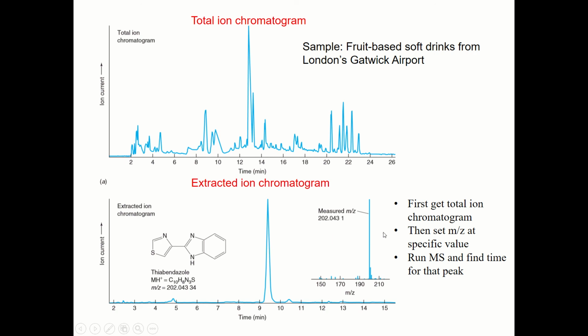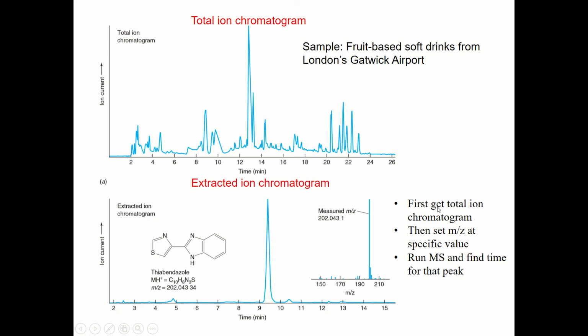Also at the same time you obtain this mass spectrum. That way you can extract individual ions, and you get this mass spectrum also.